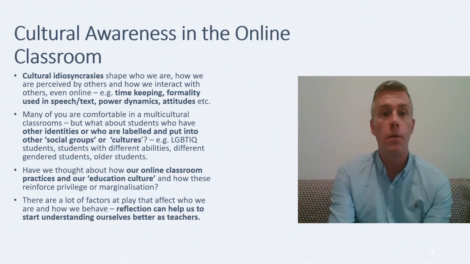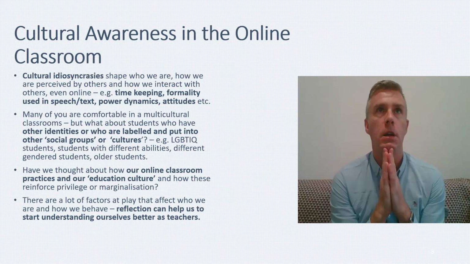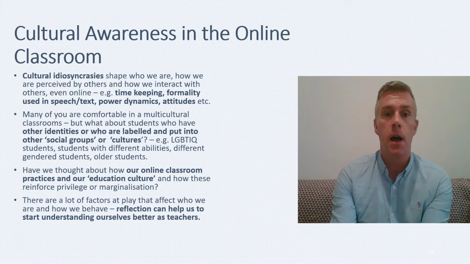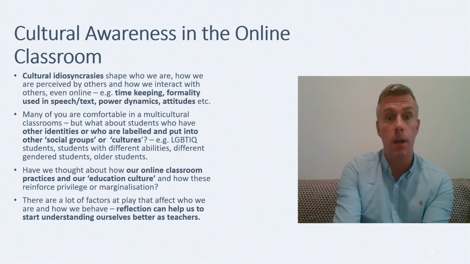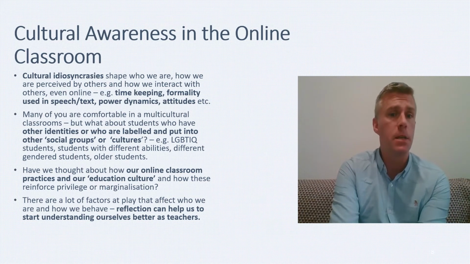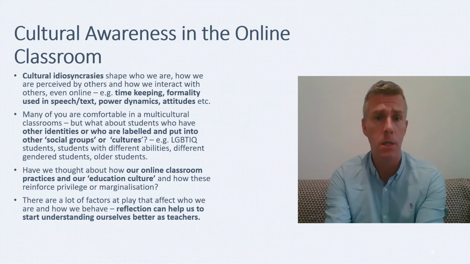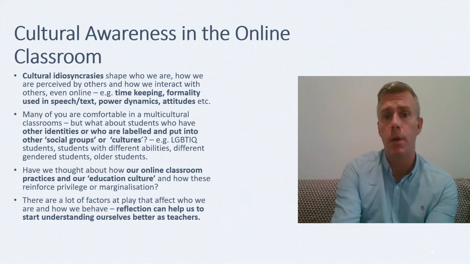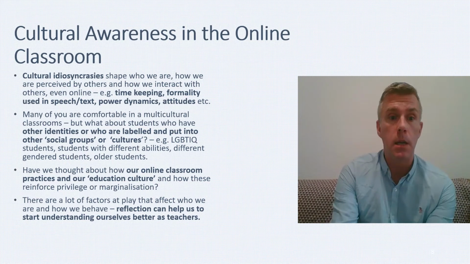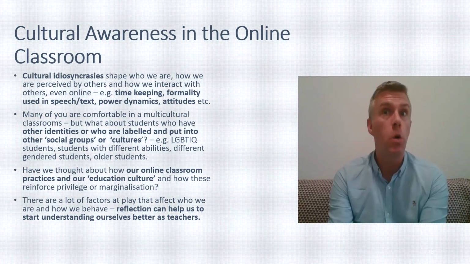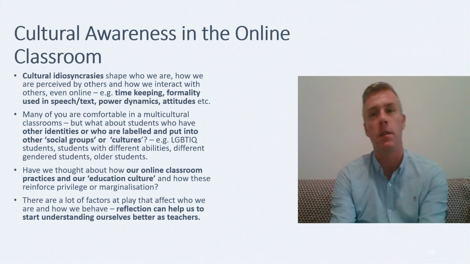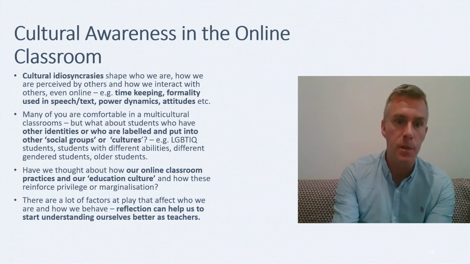Okay, now we've talked a lot about the cultural labels that we would expect in a refugee learning context. But what about other social groups that people are put into? For example, LGBTIQ refugees are often put into a separate category from other refugees, or students with disabilities, different gendered students, older students, and there will be maybe certain expectations by the other students upon these groups of people.